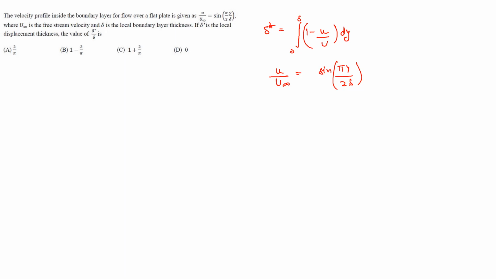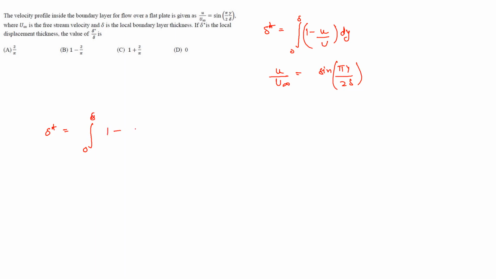Tell me which option is correct. 1 minus 2 by pi, B. Yeah. They will get it. I think you probably would have, but in any case, let me also solve here.